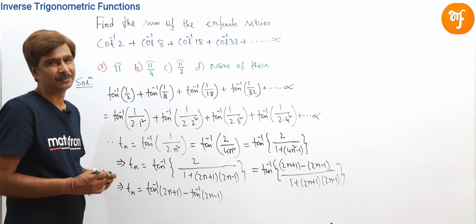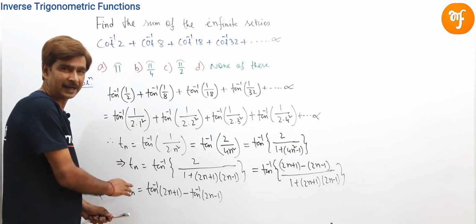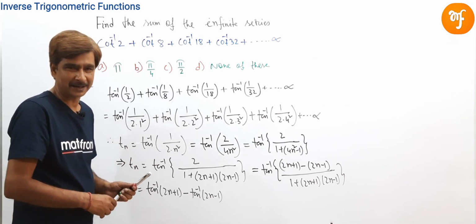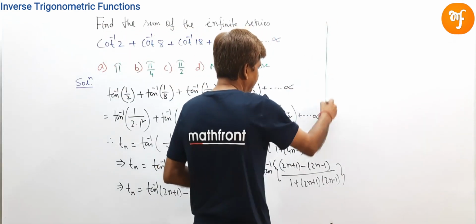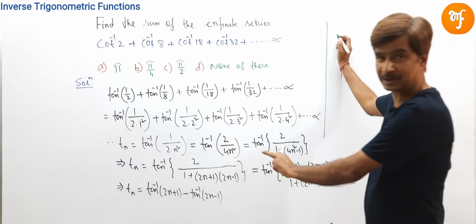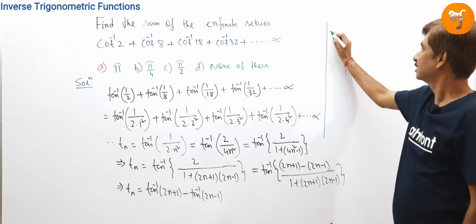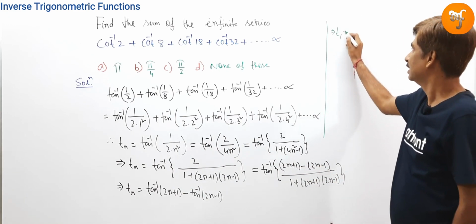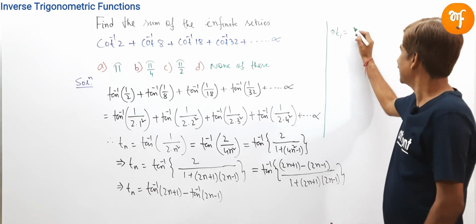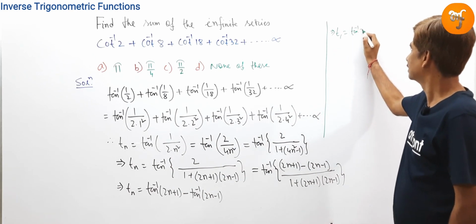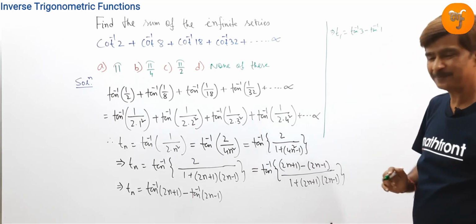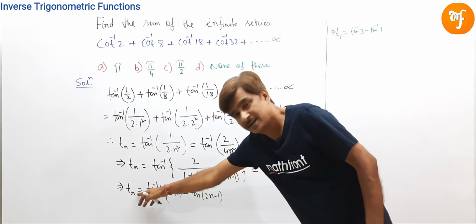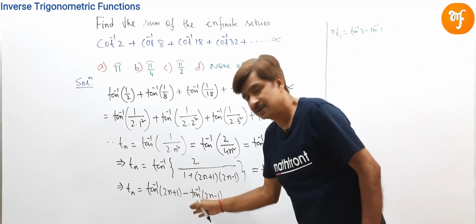Now we will substitute n by 1, 2, 3, 4 respectively. If we put n equal to 1, we get T1, and T1 becomes tan inverse of 3 minus tan inverse of 1. Just put n equal to 1 in both sides of this identity.